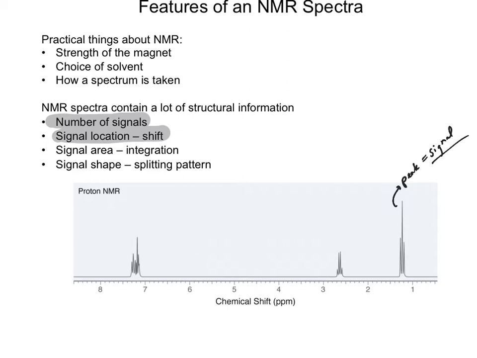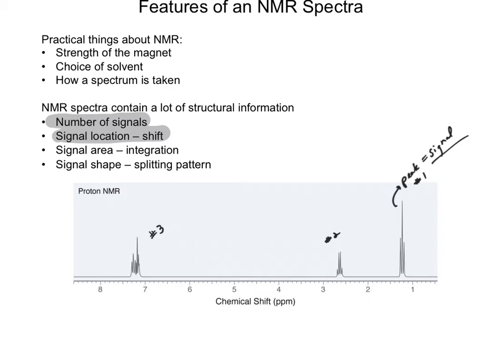What I would consider this is three separate signals. So this would be peak number 1, this would be peak number 2, this would be peak number 3, okay? So the first thing we're going to talk about is what's giving rise to these different numbers of actual signals.